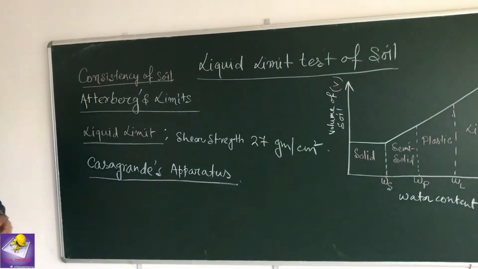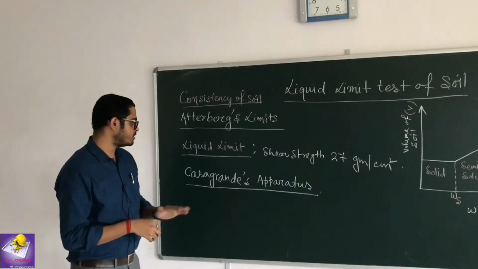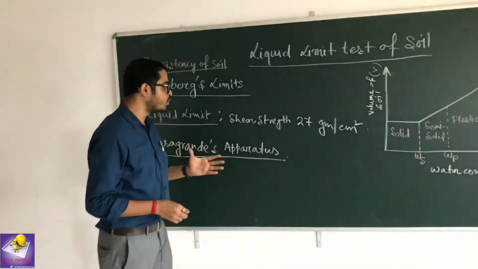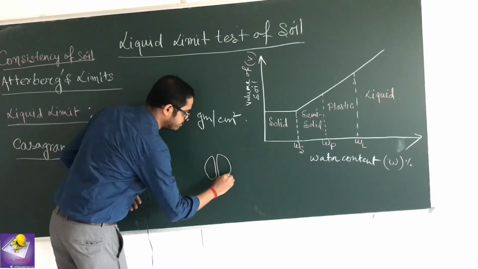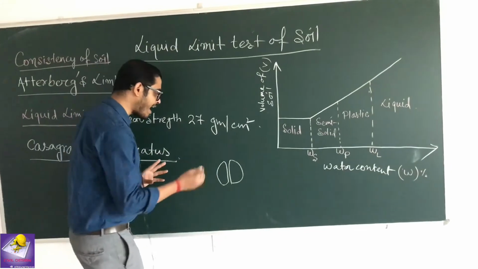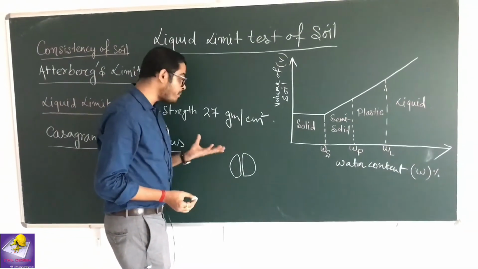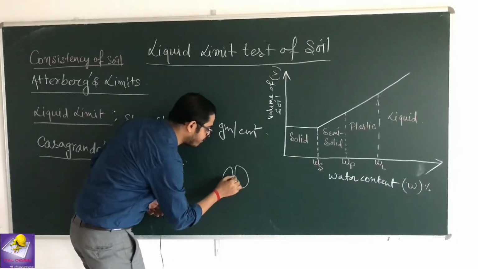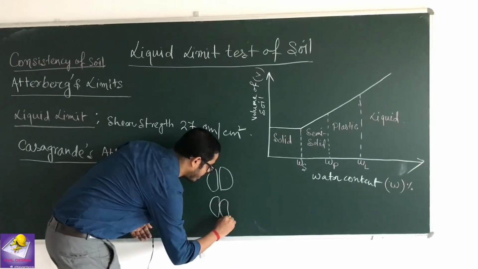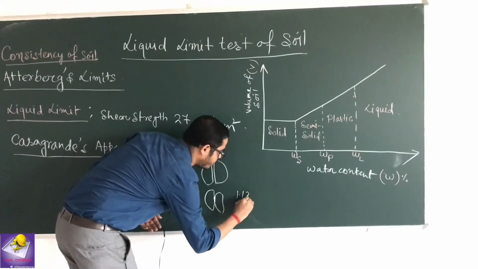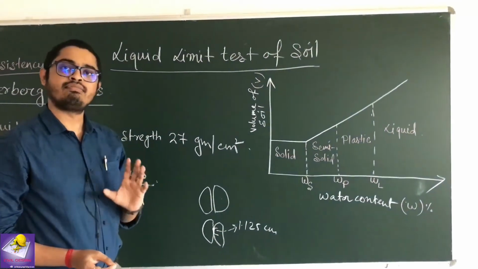Basically there is a Casagrande tool we can easily see in our lab, and we count the number of blows. We cut the soil into 2 parts with a Casagrande grooving tool, and the water content at which, after giving 25 blows, these 2 soil parts join together over a length of at least 1.125 centimeter is called the liquid limit of the soil.